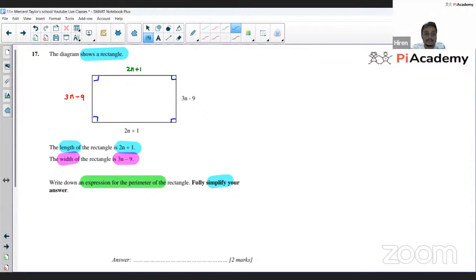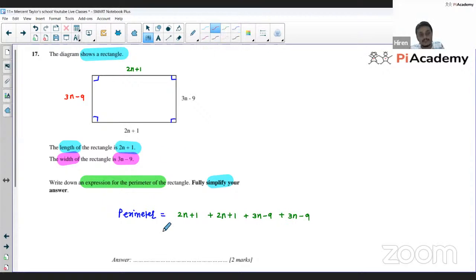As I can see here, I can write perimeter equals the sum of all these four sides. So I can write 2n plus 1, and then one more time 2n plus 1, because there are two lengths and two widths, right? Then I write 3n minus 9, one more time 3n minus 9.